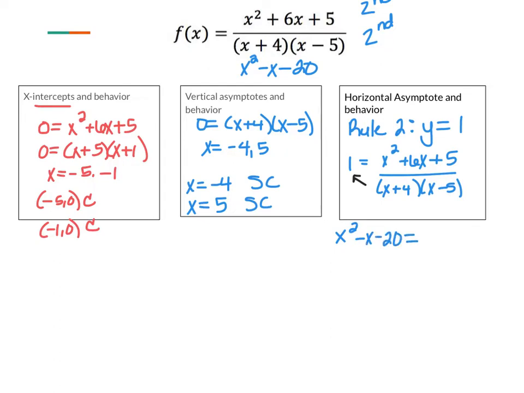Again, anything times 1 is the same thing, so that just clears the fraction and moves it from the denominator over to the other side. What we can see is we have a positive x squared on both sides, so that goes away, leaving us with -x minus 20 equals 6x plus 5. I'm going to get my x's together, so I'll add that x, and then I'm going to subtract the 5.